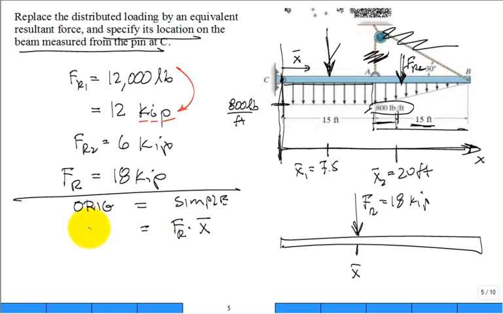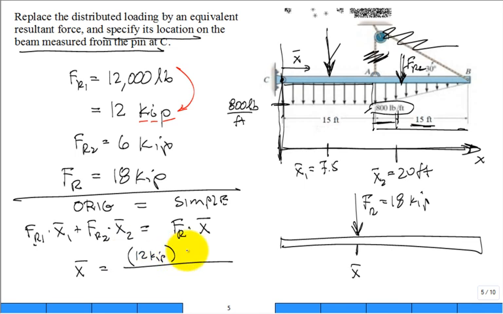The original system, I know I moved from distributed to 2-point loads, but the 2-point loads have F of R1 times x bar 1 plus F of R2 times x bar 2. Hence, this equation for x bar is just going to be, let's do this one. That's F of R1 is 12 kip times the 7.5 foot.